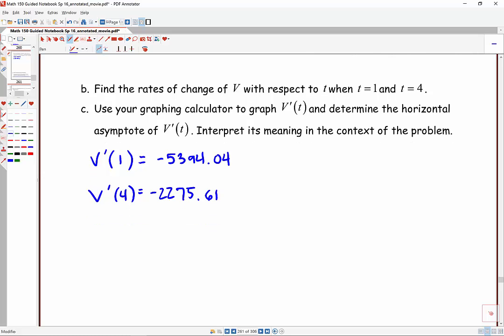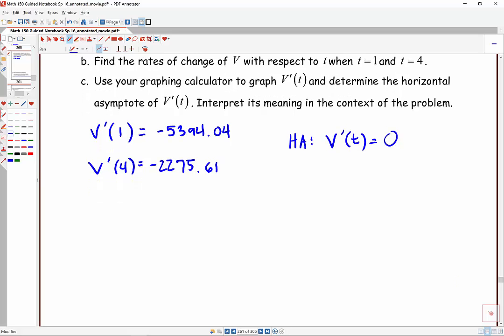Actually, let's just call this y is 0. So this is the horizontal asymptote for v prime at t. Okay, so let's check it out.